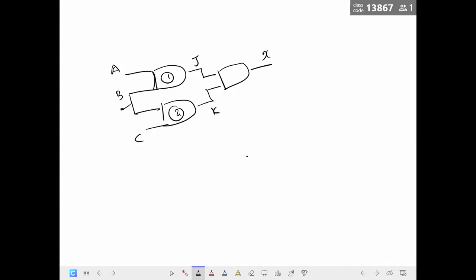First tell me, students, what is the output? How can you write the output J from the inputs of this AND gate? කවුරු හරි type කරන්න.